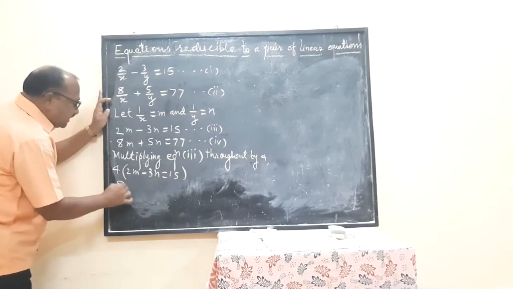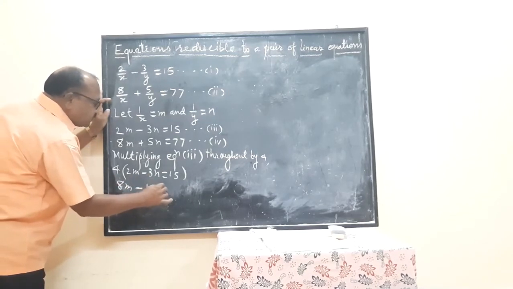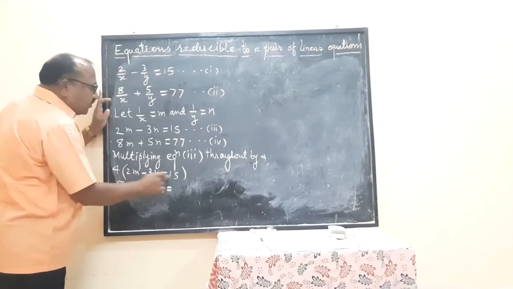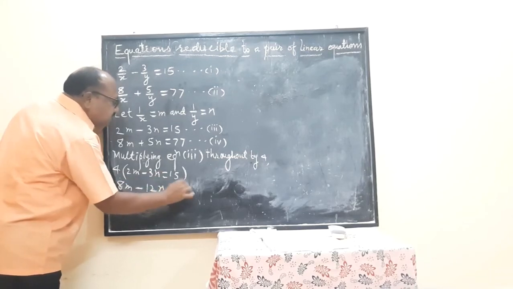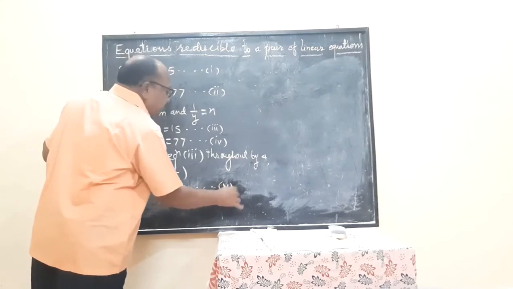So 4 2s are 8m minus 4 3s are 12n equal to 4 into 15, that is 60. Let us consider this as equation number 5.